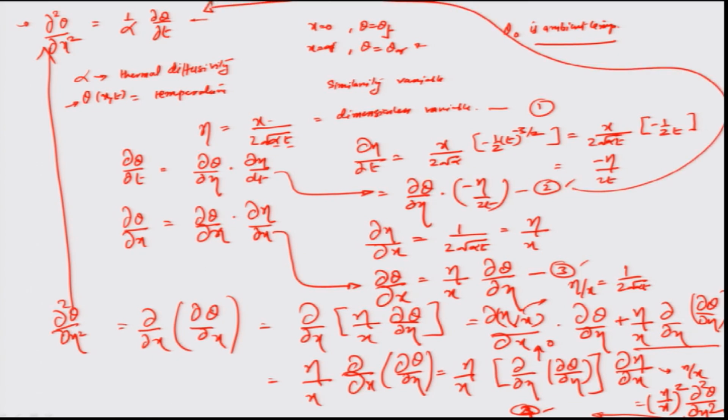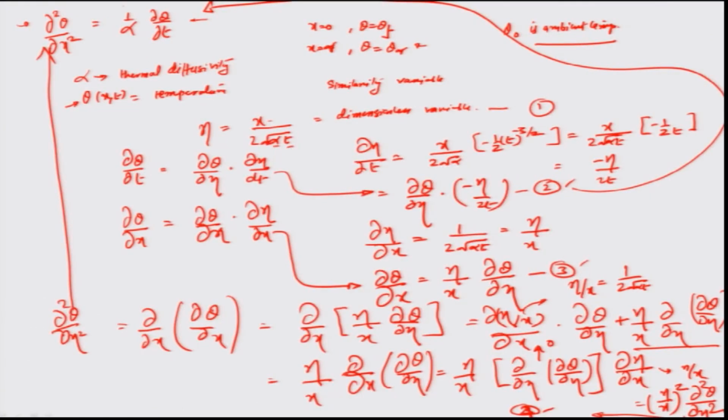So we are left with eta by x square times del 2 theta by del eta 2 equals 1 by alpha times del theta by del t, which is actually equal to del theta by del eta times minus eta by 2 t.